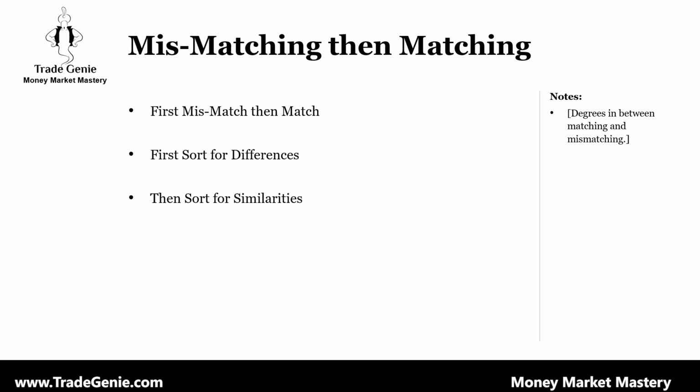And then there are people who mismatch and then match. They look for the differences first, and then they sort for the similarities. First they sort for differences and then they sort for similarities. So think about this. Maybe you're seeing something and something is not looking right, but there are a lot of things which are looking right.